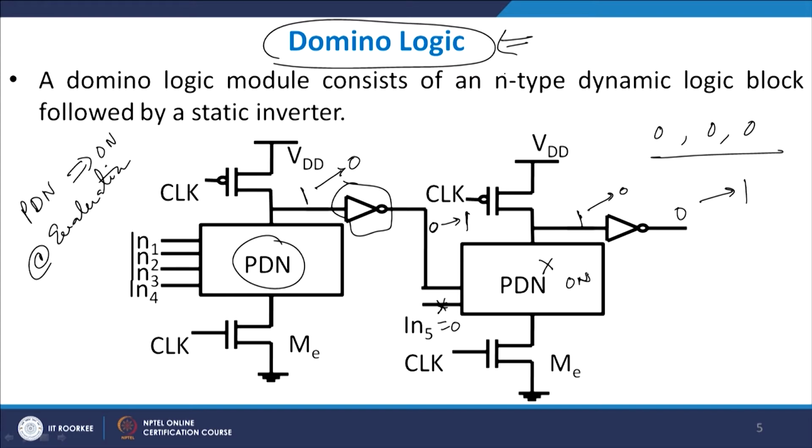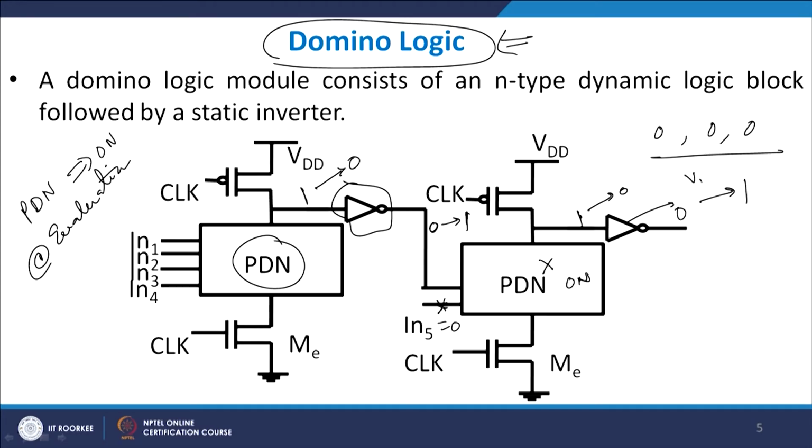Not only that, the second thing is that since this is a static inverter, its noise margins are also very symmetric and high. So, NMH for this case will be approximately VDD by 2, if you are assuming ideal NMOS and PMOS devices and CMOS transistors. Typically VDD by 2 is the NMH and NML which you get.